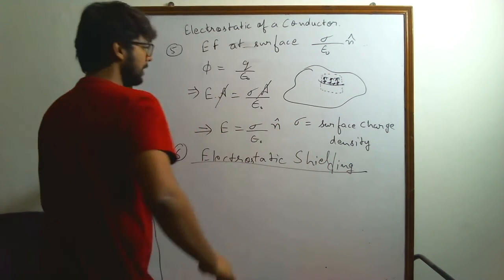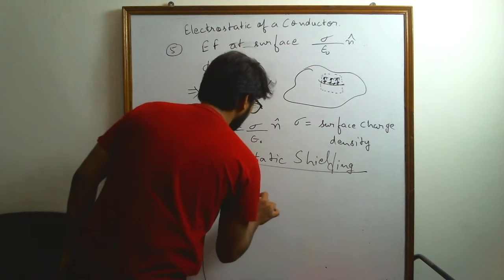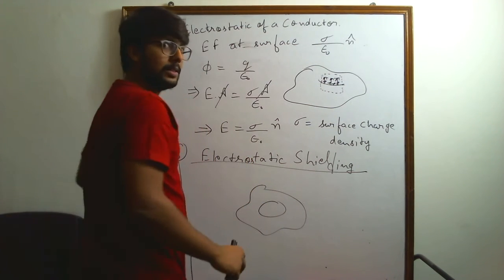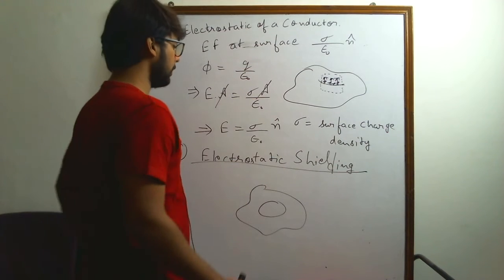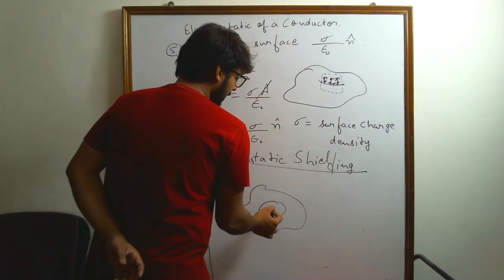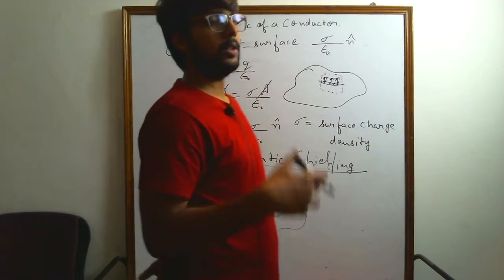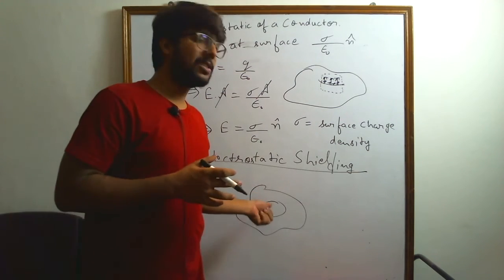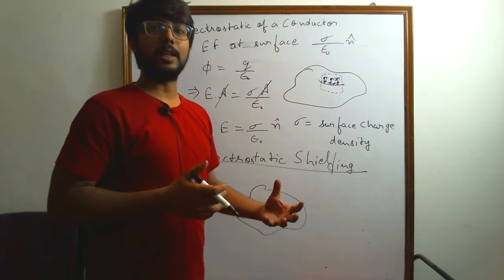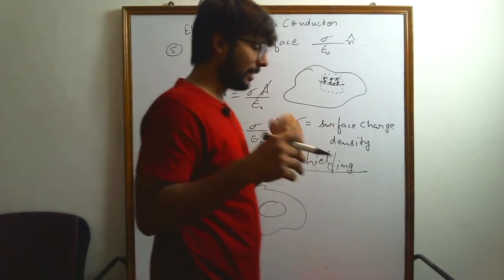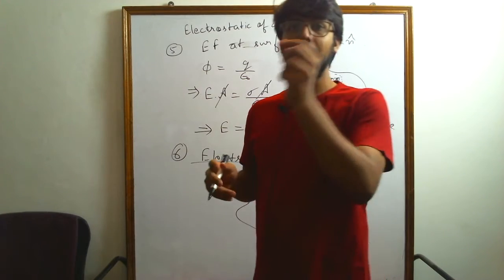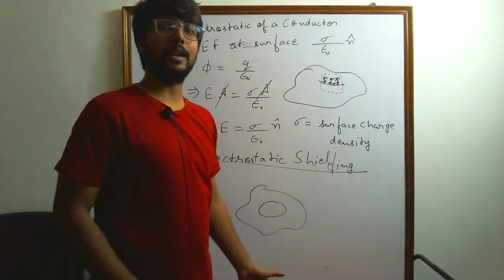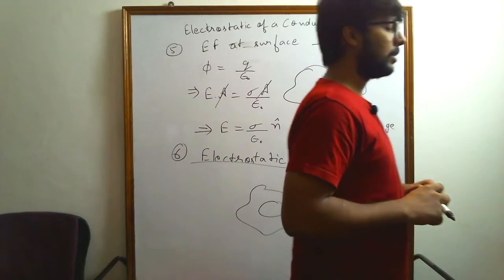Electrostatic shielding is very simply this: if I have a conductor, since there is no electric field inside, as we've already done in the first point, I can keep instruments which are very sensitive in nature, which get affected by even the slightest of electric fields outside, right? So we can keep them here and it will protect them from external electric fields or additional electric fields.